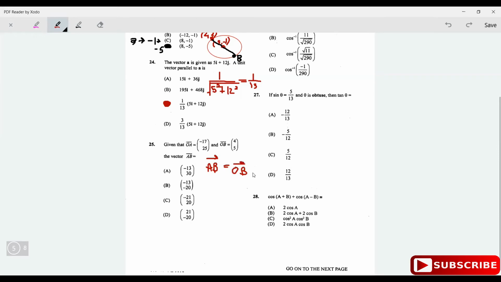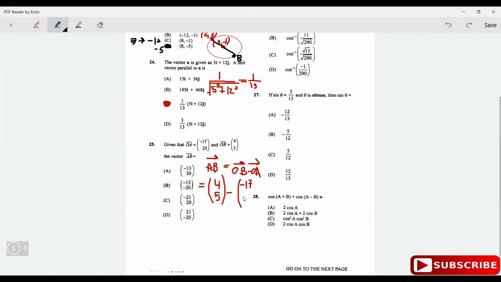Since vector AB is OB minus OA, then vector OB is going to be 4, 5. This is 4, 5 minus OA, and OA is minus 17, 25.